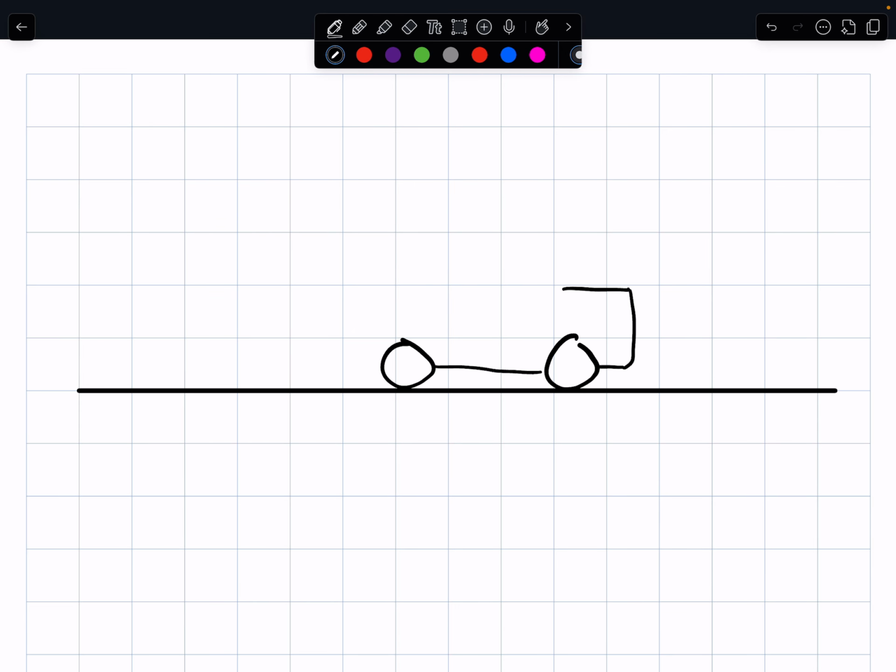So here's how you do this. It's a flatbed truck, and there's a box sitting on the back of it. And so there's friction between the box and the back of the truck that keeps the box from slipping when the car accelerates.